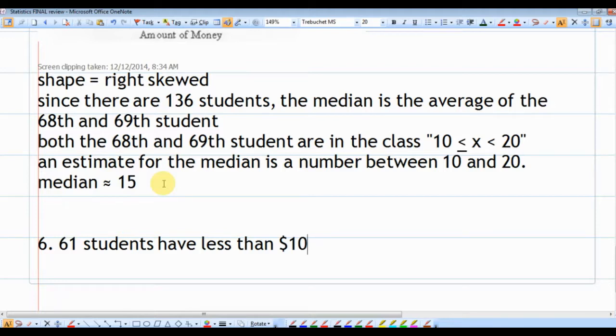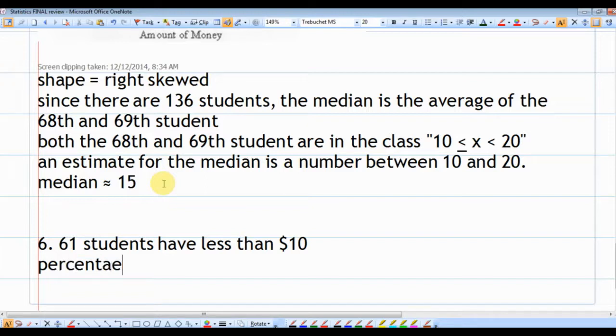Okay. So, percentage. That's going to be 61 out of 136. You did say 44, right? Yeah. 44.85.